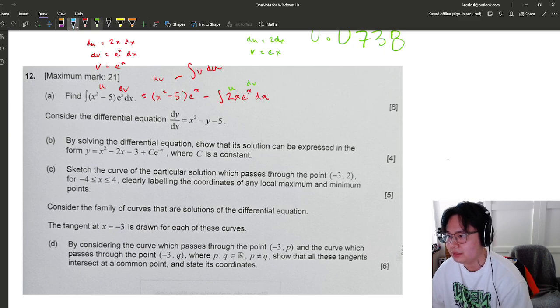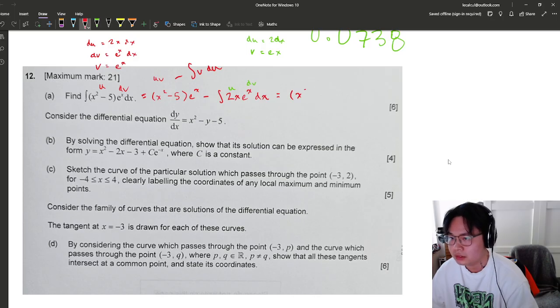Why are they doing this to me this late in the game? What am I even doing right now? e to the x.